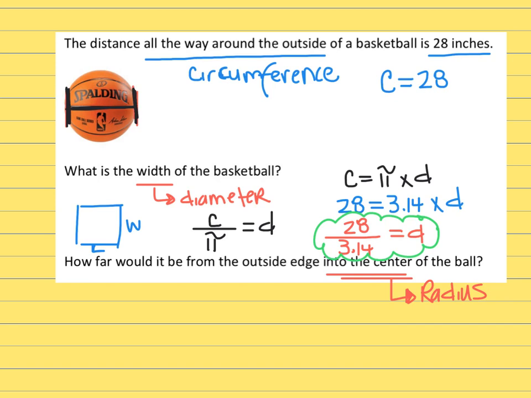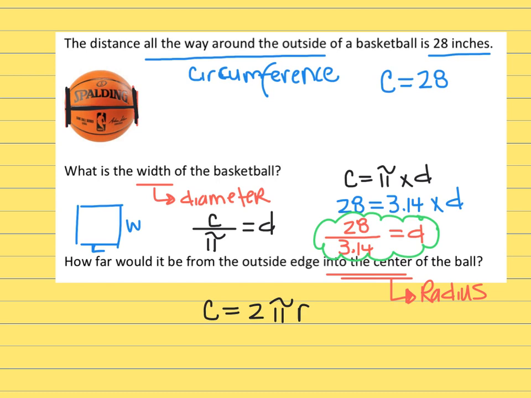Now, I still have the same basketball, so the circumference is still 28. The only thing I need to change is the way I set up my formula, because now I'm trying to find radius. To do circumference using radius, it is C equals 2 pi r.